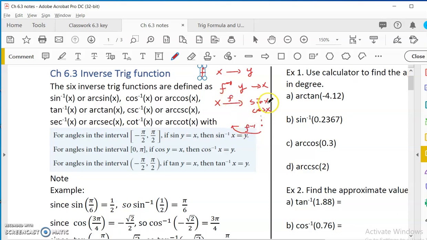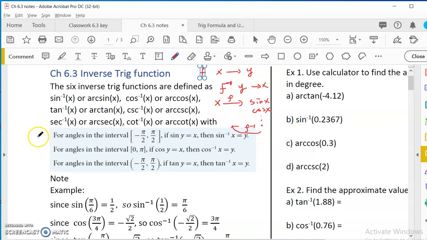The inverse will map the answer that you read off from the unit circle to the angle. So the inverse functions will get the input from the corresponding trig function and map it back to the angle in radians, of course.